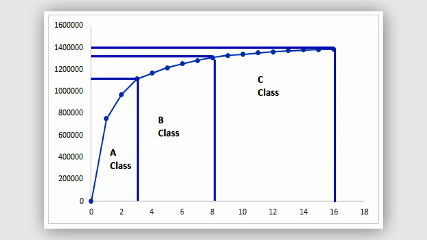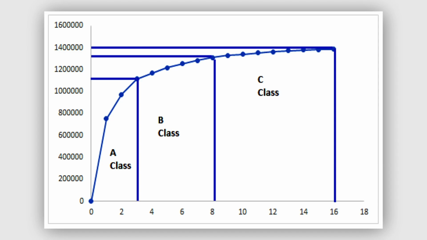We have to store the A class item one way, the B class item another way, and the C class item a third way, so that we have very strict control on the A class items, because they control the working capital. Most of the working capital is involved in the A class items.